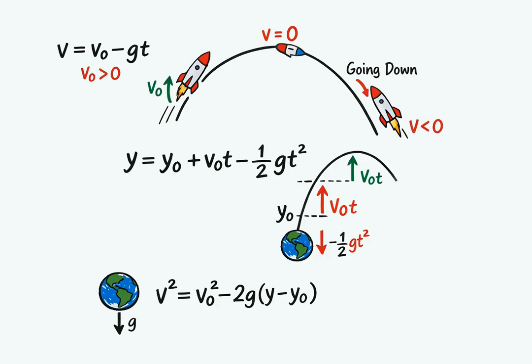The position equation becomes y equals y naught plus v naught t minus 1/2 gt squared. And the time-free equation becomes v squared equals v naught squared minus 2g times (y minus y naught). These are not separate free-fall formulas. They are the same constant acceleration relationships, with gravity supplying the constant acceleration.